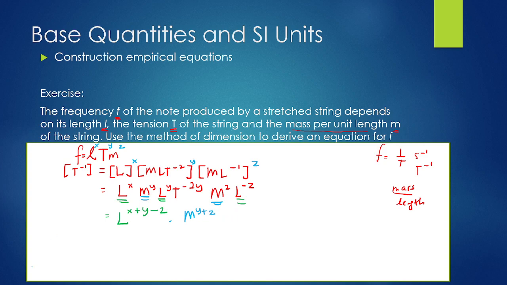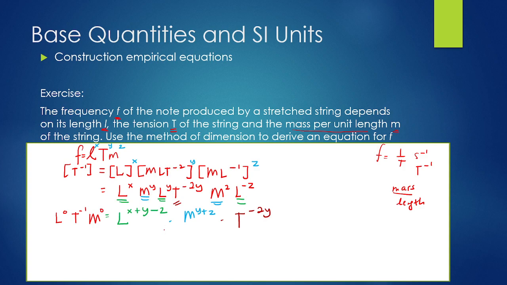Okay, and also you have to regroup the T, and the T here is 1 only. So T negative 2y. Okay, for the left hand side you have L 0, T negative 1, M 0.